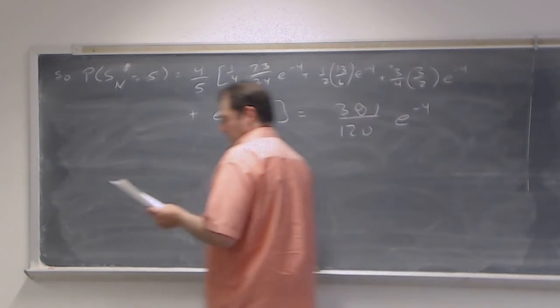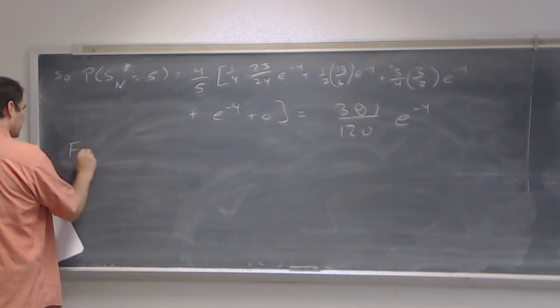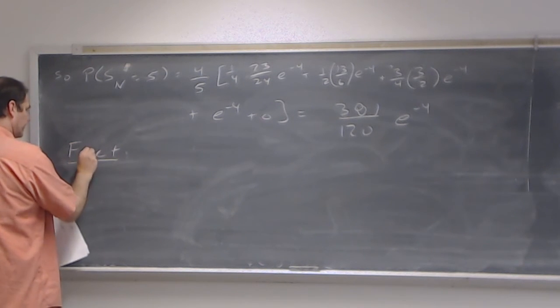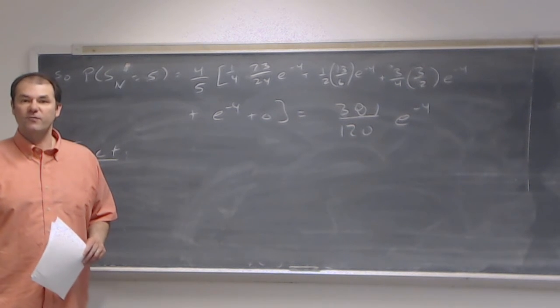Okay. Well, in that example we just had, we had that N was Poisson, and we had a particular parameter, lambda 4. Well, we used the fact for Poisson random variables, and we're now going to write down a similar fact and prove it for binomials.